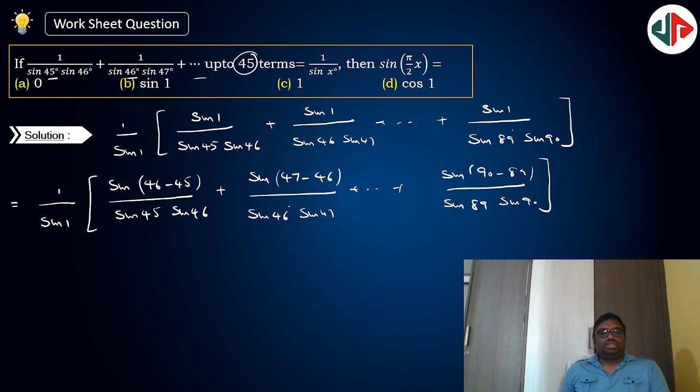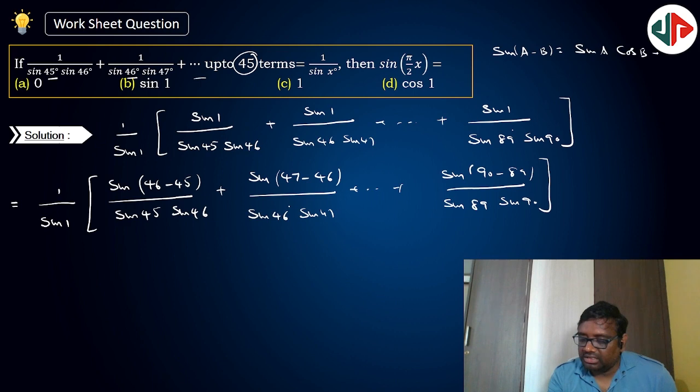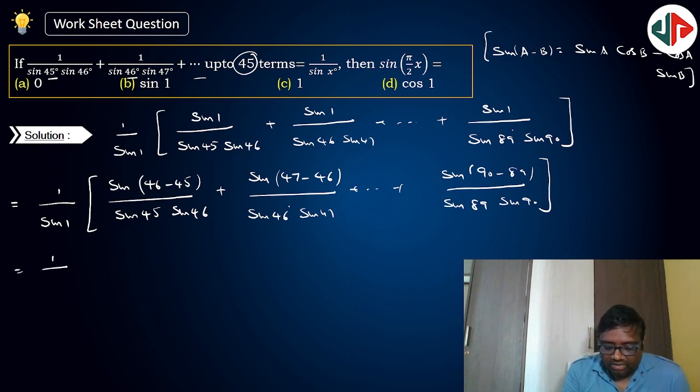What is sine (46 minus 45)? Sine of A minus B is sine A cos B minus cos A sine B. Using that formula, if we rewrite and simplify, what will we get here?